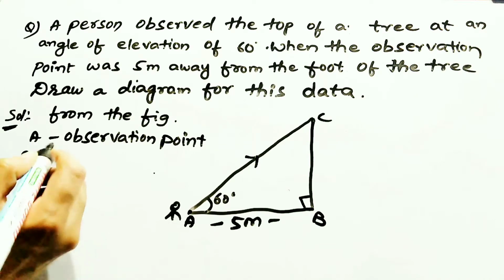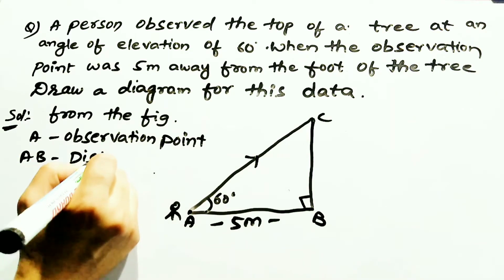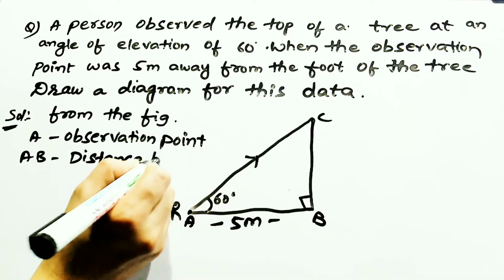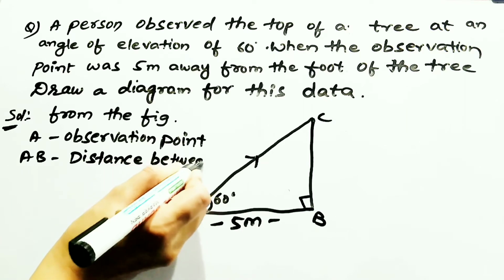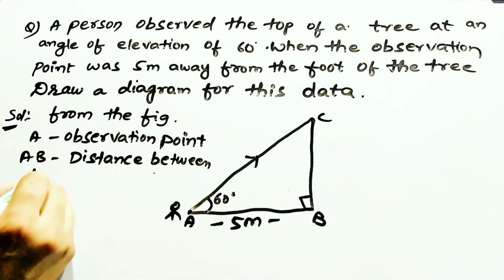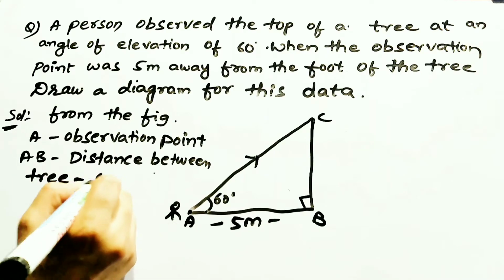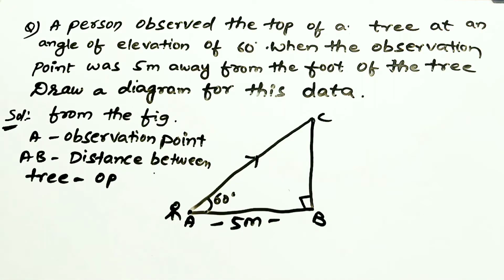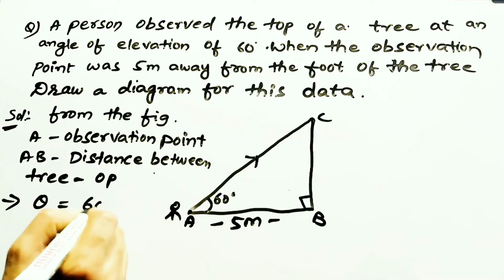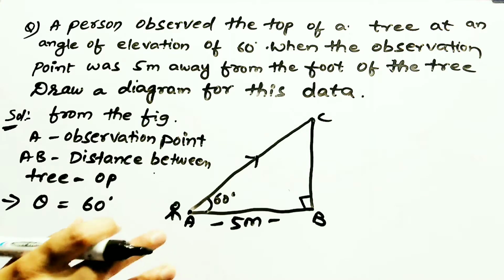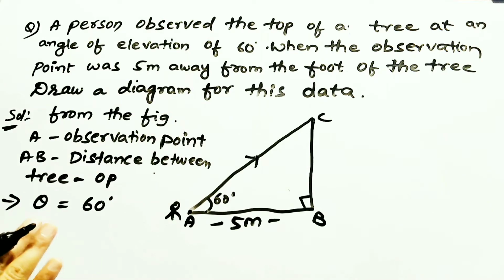AB is the distance between the tree and the observation point. And what is your angle of elevation? Theta is nothing but 60 degrees. The observer is seeing up, which means it is an angle of elevation. Theta is nothing but the angle of elevation.